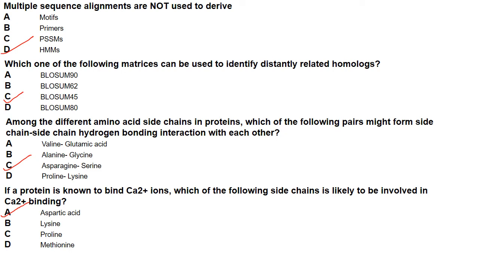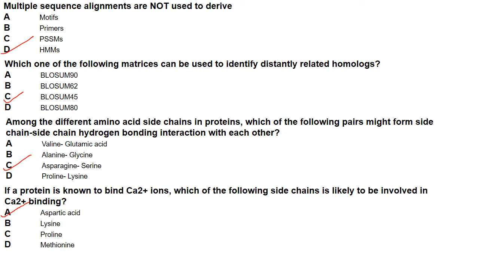So here low is Blosum 45, so you have to choose that. If it was PAM, then you have to go for PAM 250, that is the highest.